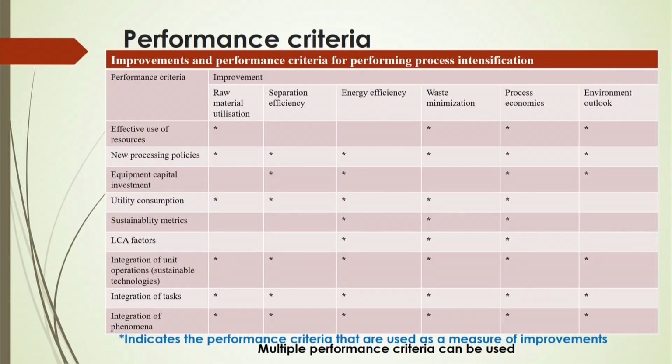So, improvement will be based on raw material utilization, separation efficiency, energy efficiency, waste minimization, even process economics, even environmental outlook. In the table, a star indicates the performance criteria that are used as a measure of improvements. Multiple performance criteria can also be used.